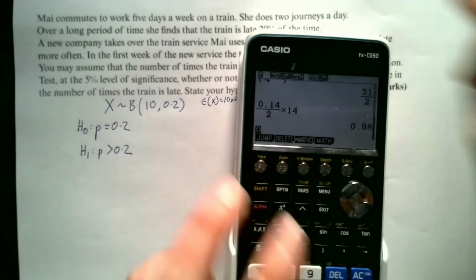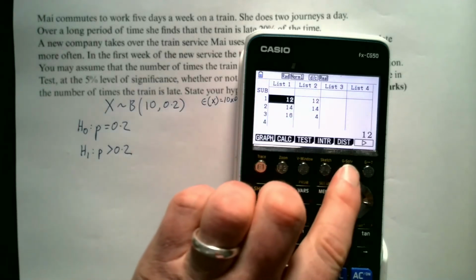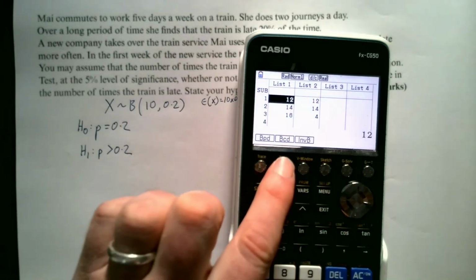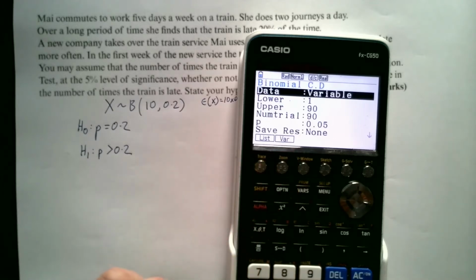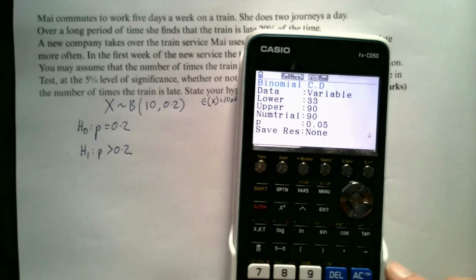So now we get the calculator out, we go statistics mode, we go for distribution, binomial cumulative distribution, and now we want the lower end to be 3, the upper end to be 10, because we've got 10 trials, that's the most that could be, and the probability is 0.2.